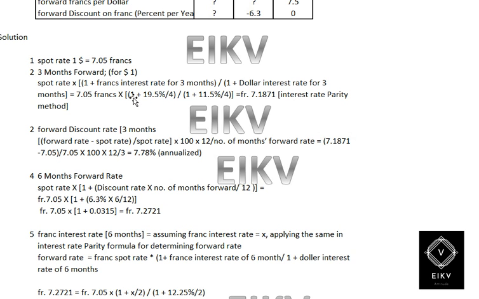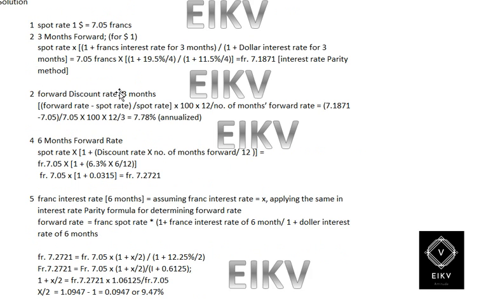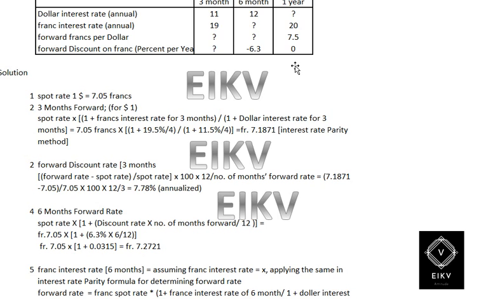So you need to first study the interest rate parity formula. It would be spot rate into 1 plus interest rate of the foreign currency divided by 1 plus interest rate of the home currency. So for the second, here the first answer would be 7.18.